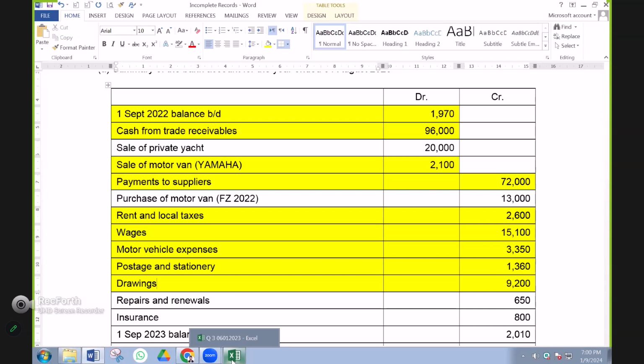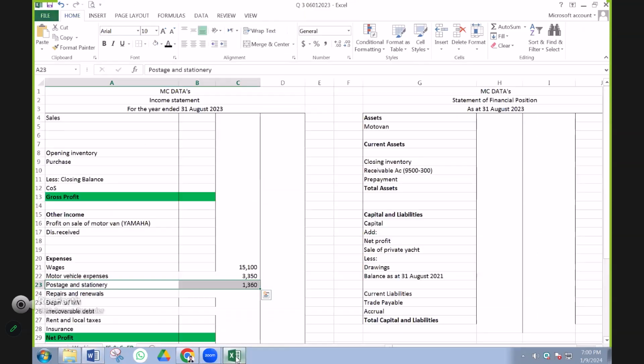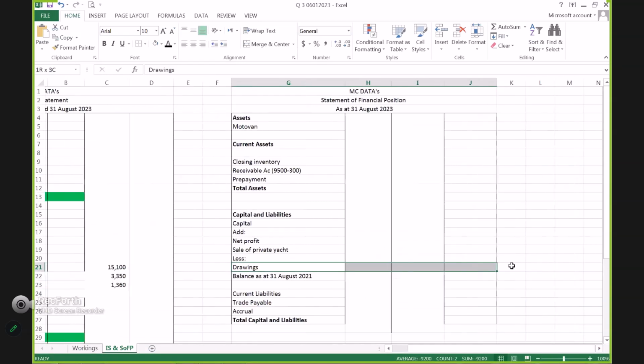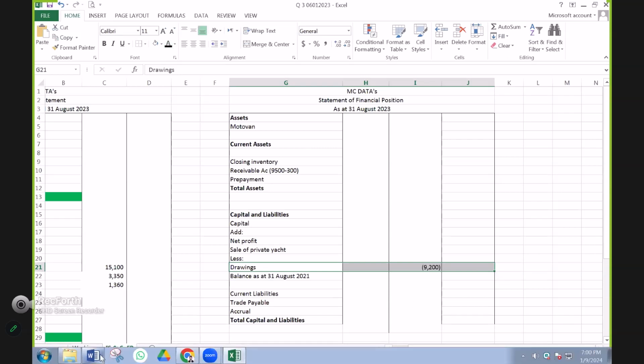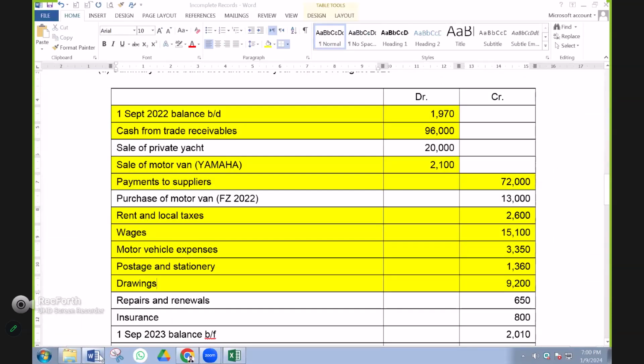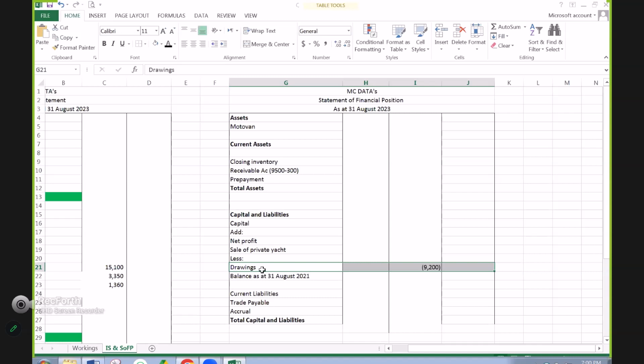It is deducted from the capital, 9,200. Okay, drawings is a cash drawing. Do you remember the accounting equation?